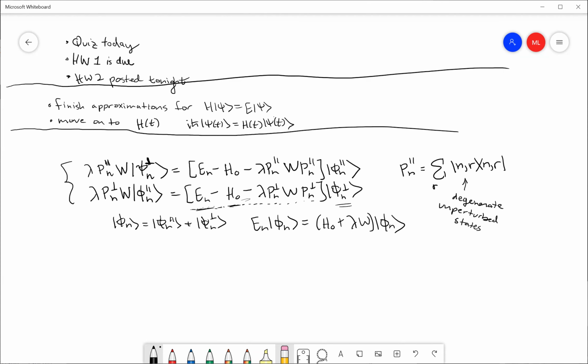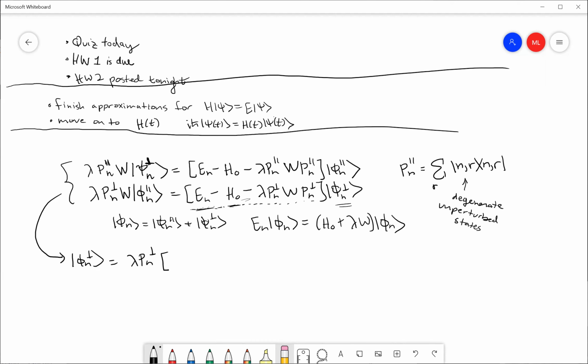So what do we do? We just invert this operator to solve for phi n perp. Take this equation and solve it, and what do we get? Well, we would get lambda Pn perp here. Then we can put in the operator.